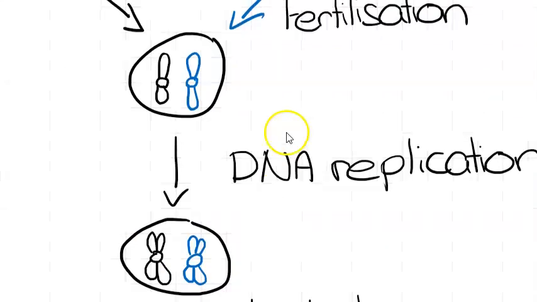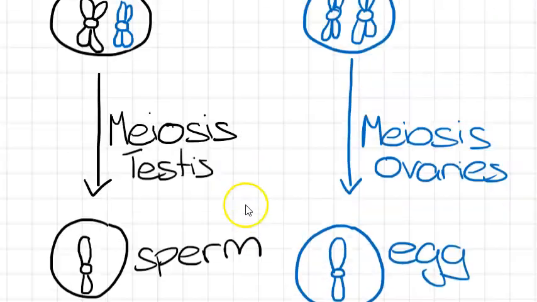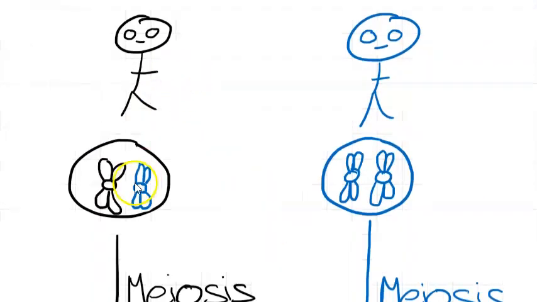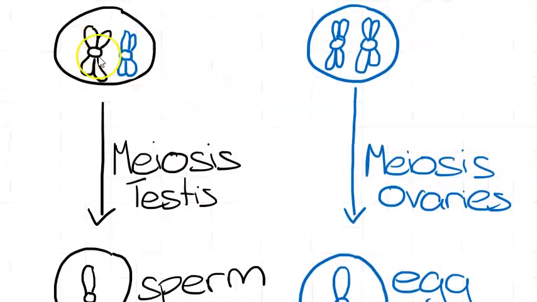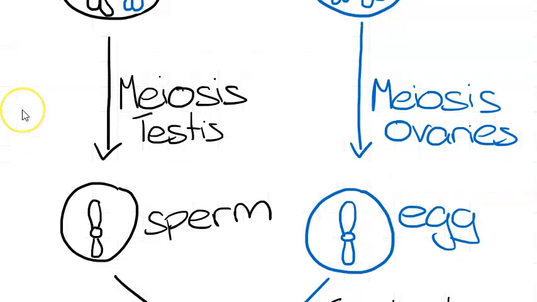If we go back to the start, where this individual passed on a chromosome with brown eyes, it's completely random whether this individual will pass on the brown eyes allele or the blue eyes allele. So if we go back through this process, let's erase what we've done here, and instead of passing on the brown eyes allele, we're going to pass on the blue eyes allele.